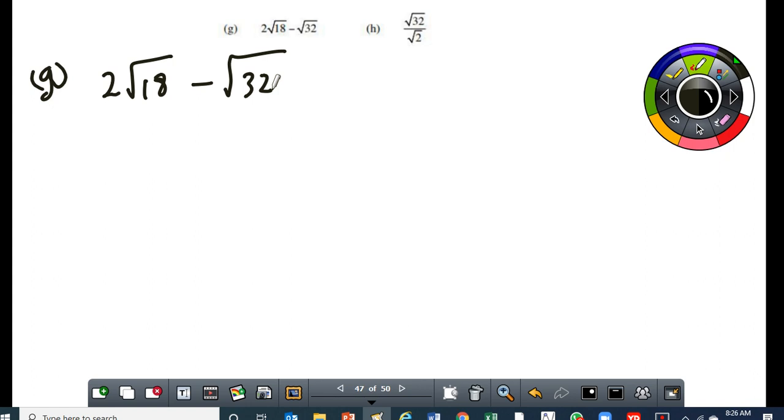I'm going to repeat that. For us to simplify this question here, we have to write the 18 and the 32 as products of a perfect square and a prime number. Remember, your perfect squares are numbers like 1, but 1 generally we don't usually use it, okay?